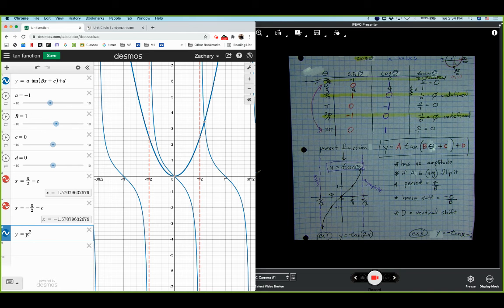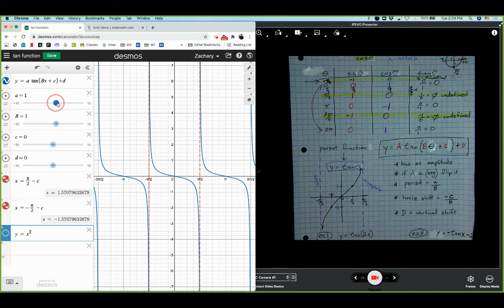But then if I make it negative, what happens? It switches down. So it's the same idea for all functions. Anytime you have the negative version of the function, it just flips. So that's negative 1 for a.